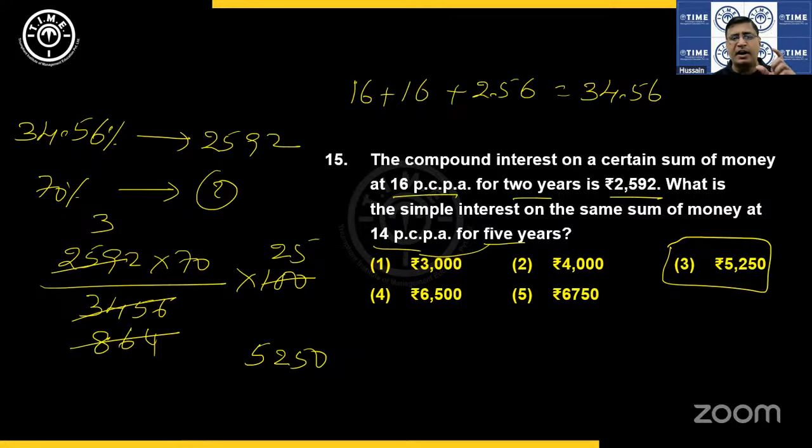On the same principal, 14% per annum for 5 years under simple interest means 14 into 5, 70% is the interest. So 70% is equal to question mark. When 34.56 is equal to 2592, 70% is equal to question mark. Cross multiply and simplify. After cross multiplication, you will get the correct answer.